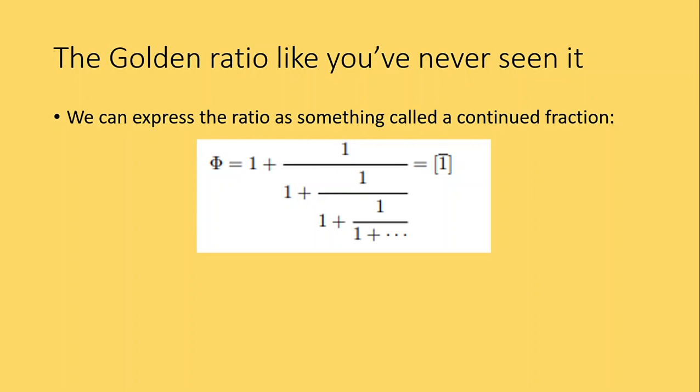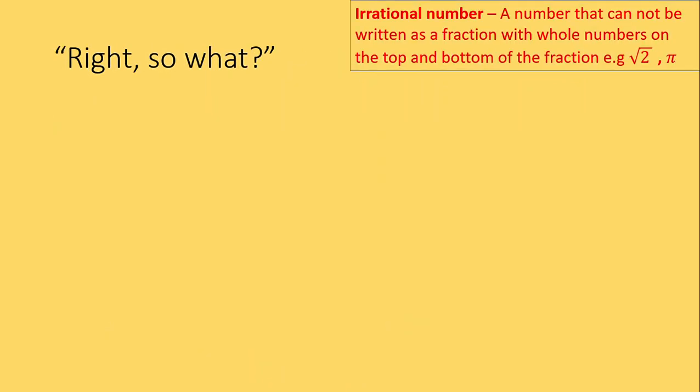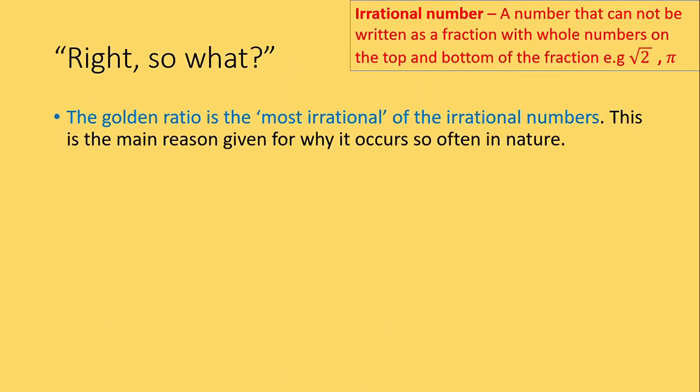And the significant thing for phi is that we get these continued ones occurring, which means that it converges very slowly to a fraction, aka it is very hard to estimate as a fraction. And it is actually the hardest of any number to write as a fraction or to estimate as a fraction. So we say that it's the most irrational of any irrational numbers.